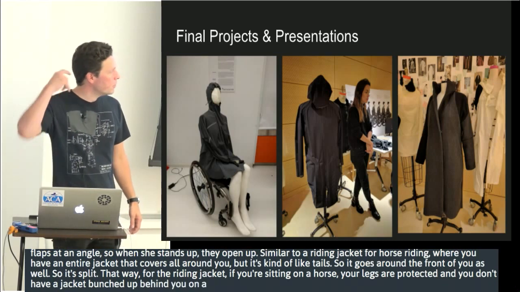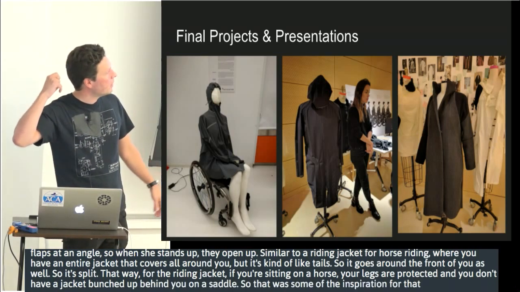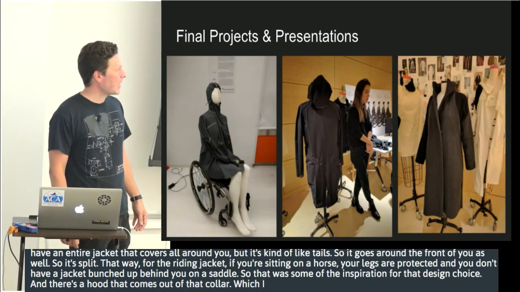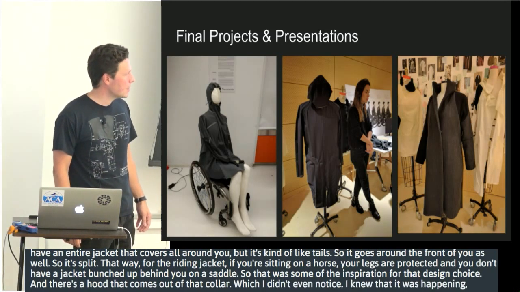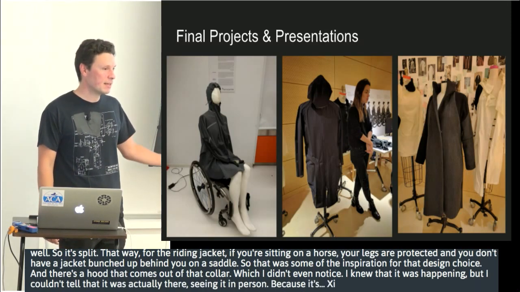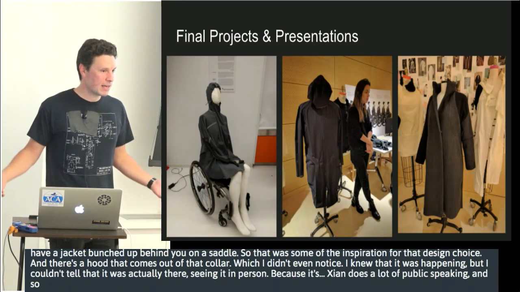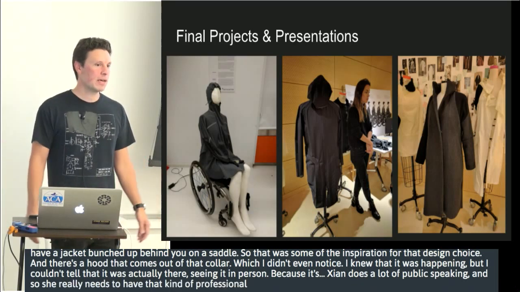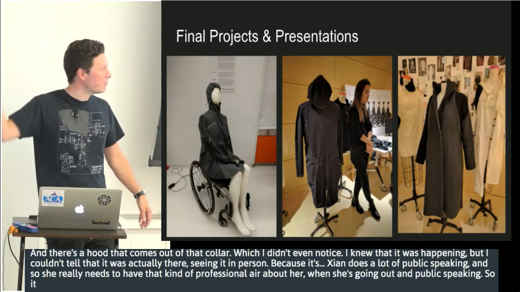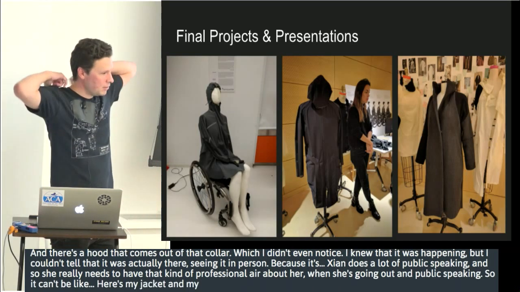And then there's a hood that comes out of that collar, which I didn't even notice. I knew that it was happening, but I couldn't tell that it was actually there, seeing it in person, because Shawn does a lot of public speaking, and so she really needs to have that professional air about her when she's going out in public speaking, so it can't be just, here's my jacket and my hood flapping behind me. So it tucks into that collar.